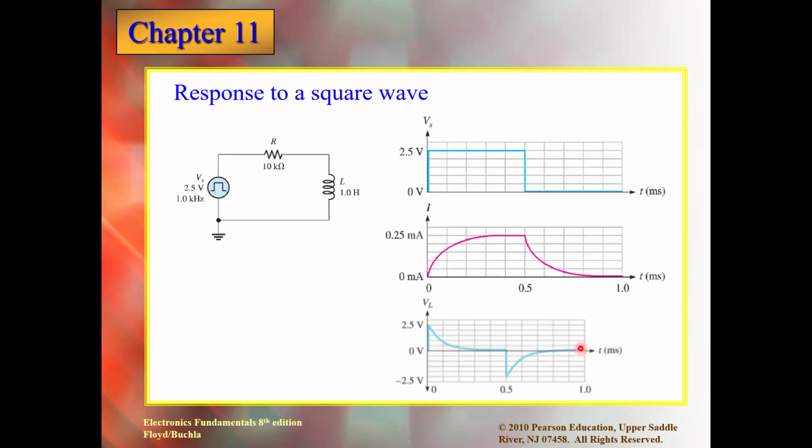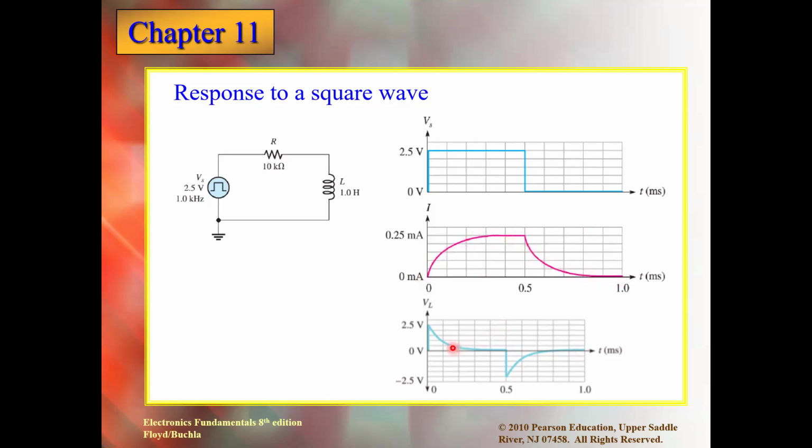Here we can have a close look now, because in the previous slide we only discussed the voltage, but we can also discuss the current. The current shape is exactly the same as the voltage shape in the capacitor, a rising exponential and a decreasing exponential, right?